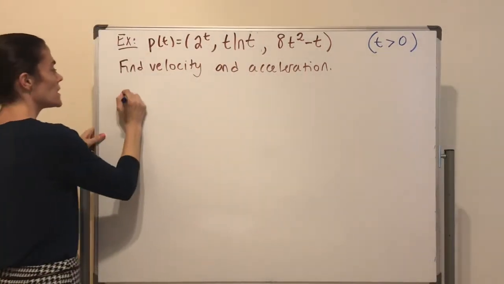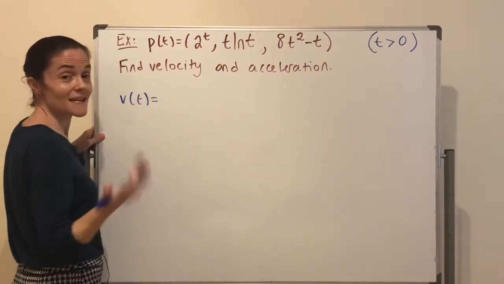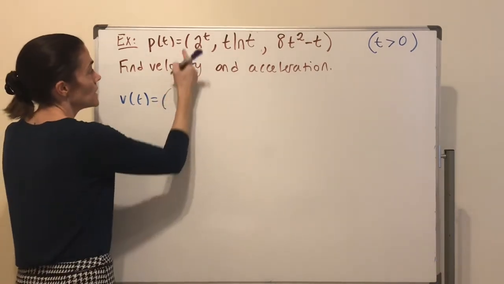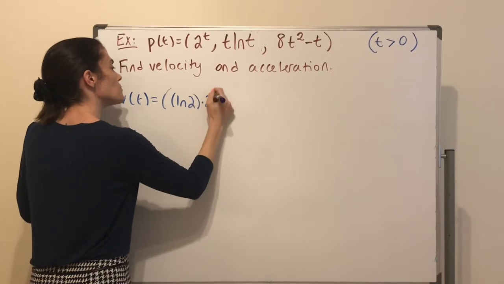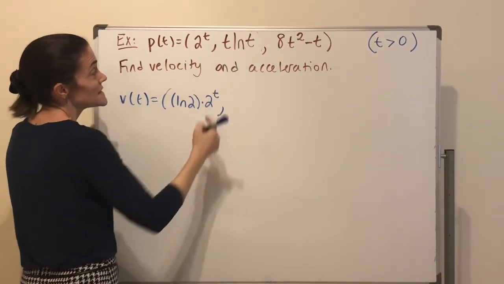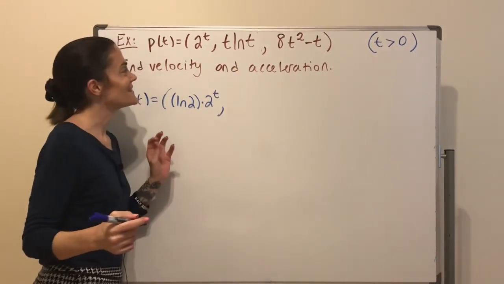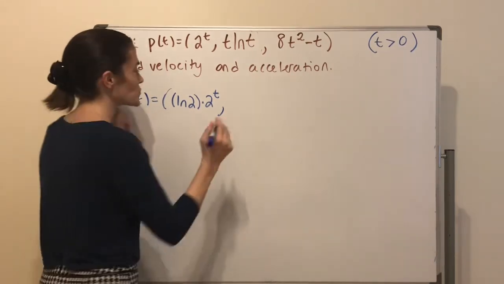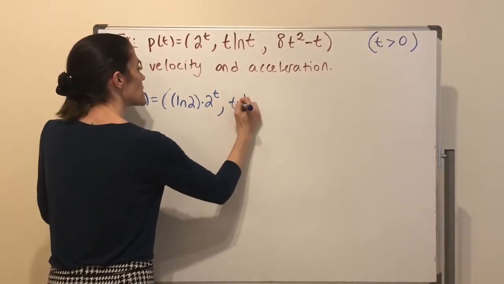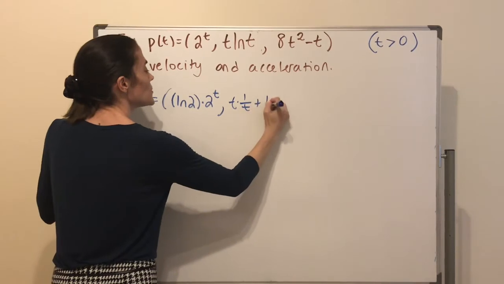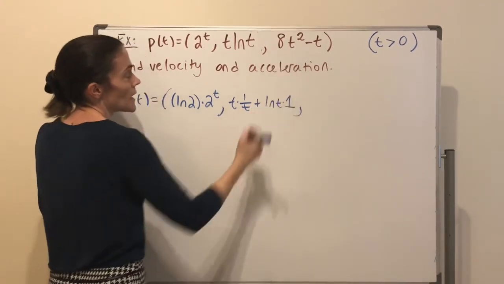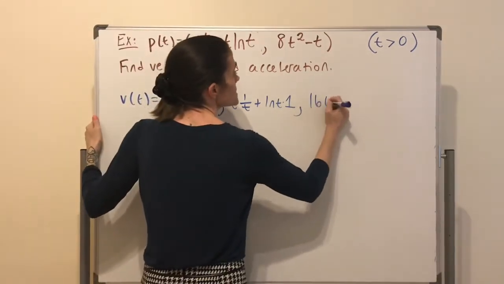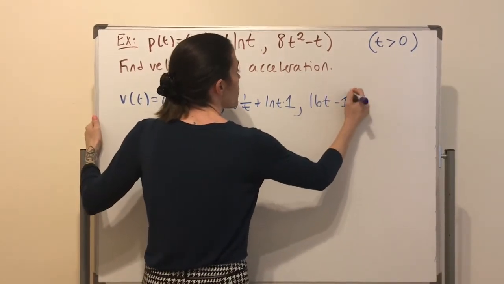Okay, velocity. We differentiate each component. Derivative of 2 to the t is ln2 times 2 to the t. The second component, this is product rule. It's first times derivative of the second plus second times derivative of the first. And then this is 16t minus 1.